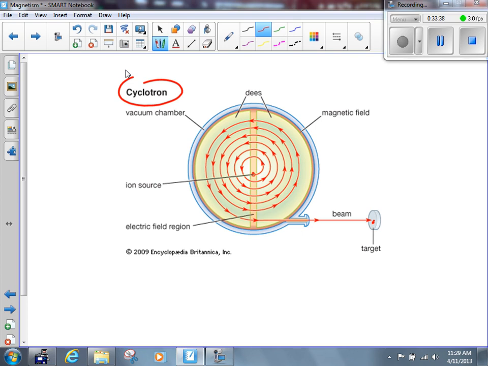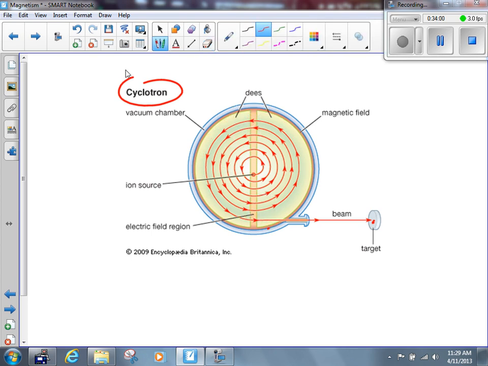How does it work? Well, it's actually quite simple. We get a charged particle, an ion source, right here. There is this gap that goes all the way across between these things. We call them the Ds. Okay, this gap between the Ds. In this gap, there's a potential difference.